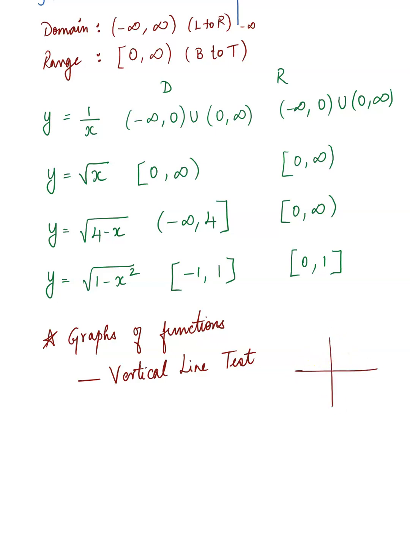So if I had a function that looked like this, then I have to drop vertical lines throughout the graph everywhere you're performing this test, and you see that it hits the graph only once. That means the test passed. That in turn means that this brown graph is a function. So you don't really need to know even the equation of it. You can just perform this test and determine that.